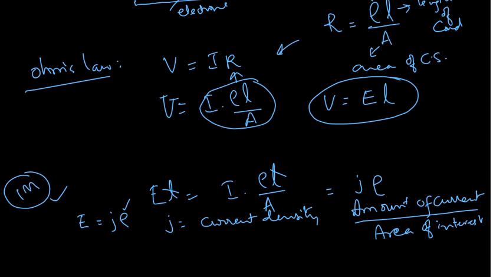So how is the relation between the current density and the electric field? E is equal to J rho. If we do the other way around, I write J is equal to E divided by rho.